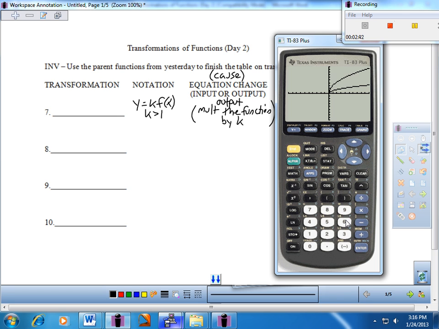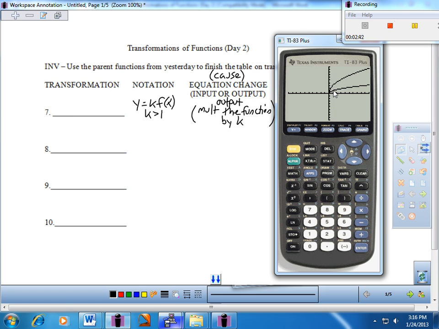Now in terms of the transformation itself, we need to be clear about a couple things, and then we'll see if we can get a good name on this. It is an output change as we have decided. And so in terms of the name over here, it definitely is something that is vertical in nature. Anything that is an output change is a vertical transformation.